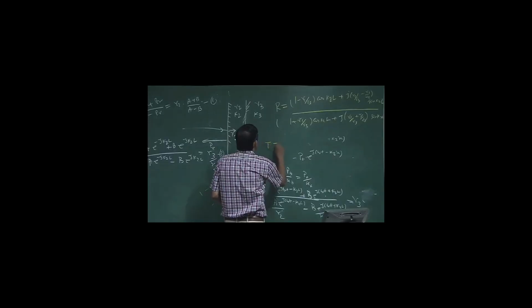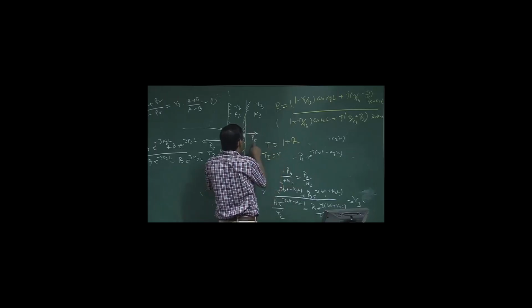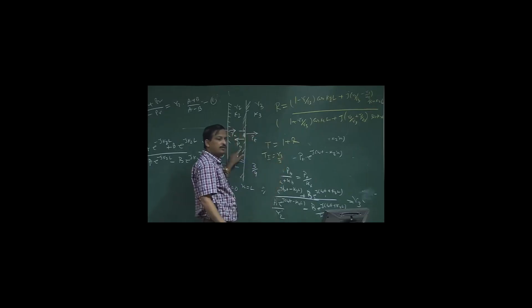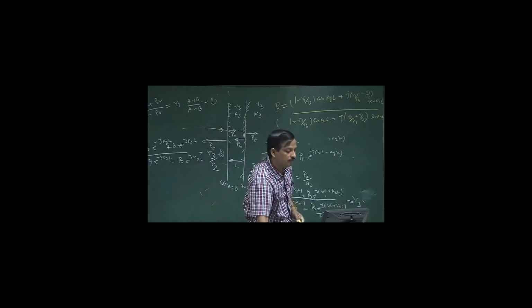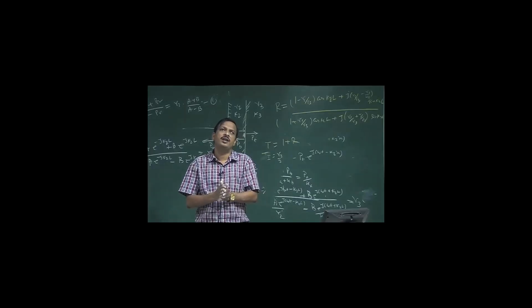T is 1 plus R. So from 1 plus R I can get T, and Ti is r3 by r2 times that. So I get the Ti expression. Once I get the Ti expression, I can impose the restriction in the next class.